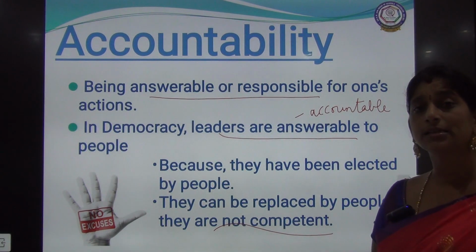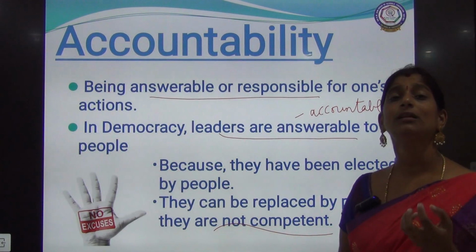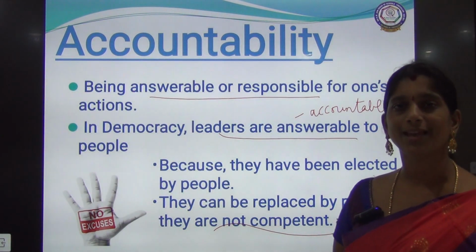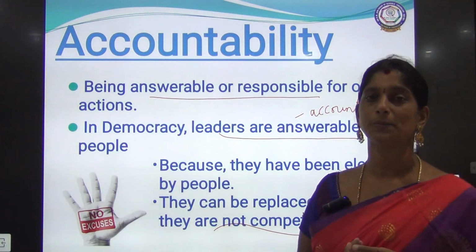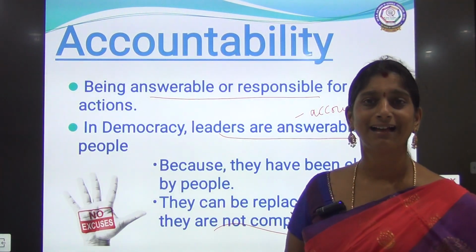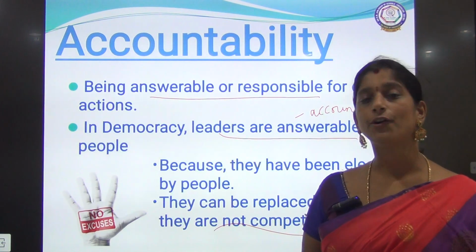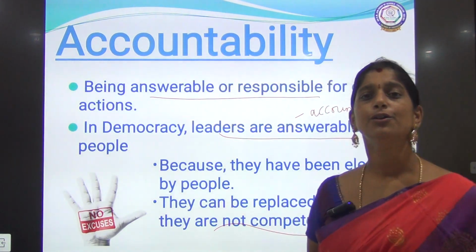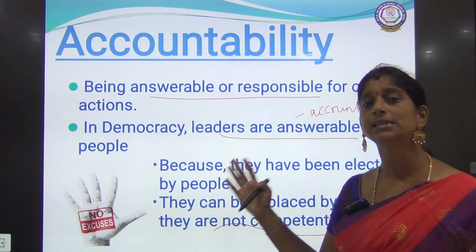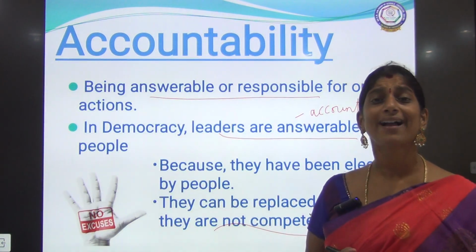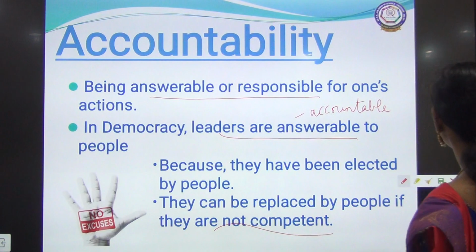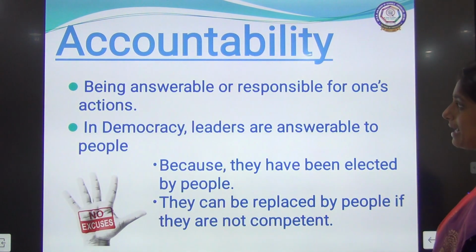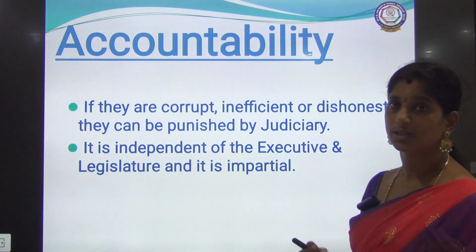What is competent? Incompetent means they are not capable of doing something, they are not skillful to perform something. If they are like that, we have the option of choosing another leader by replacing this leader. So the government is answerable to us for all the actions done by it. We will see an example of accountability next.